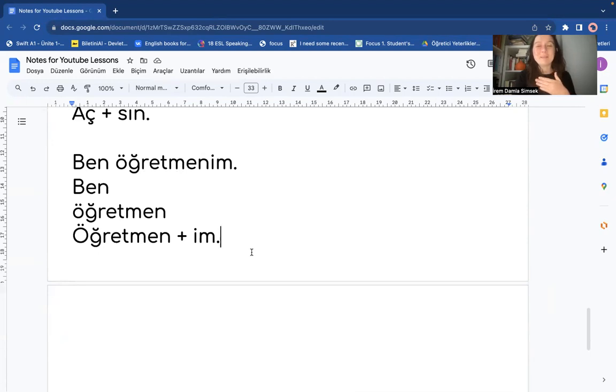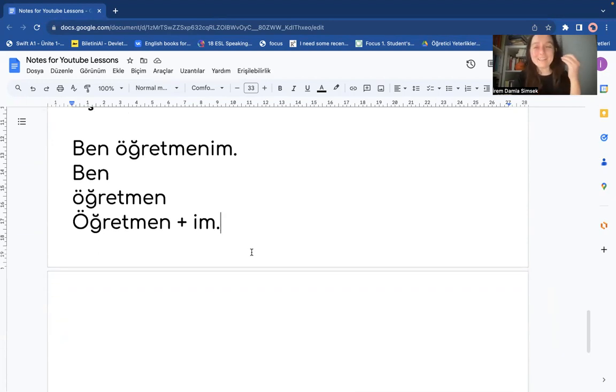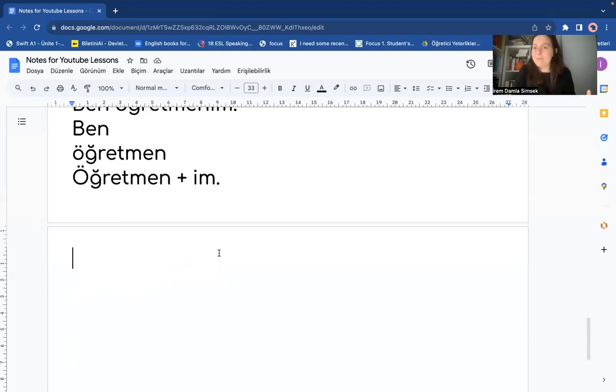But what happens if the final letter is a vowel? What do you mean, hocam? Let's talk about it. For example, "baba." It means father. So when you want to say "ben baba," as you know, the rule says that if the final vowel is a, you have to continue with "ben."